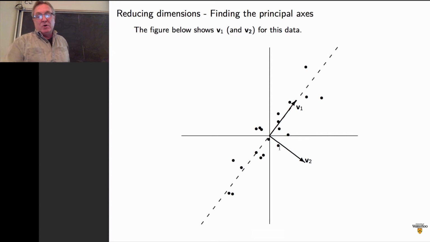V2, if you were to project them all here, the way they're spread out along that direction is as small as possible. Any other pair of directions will not have as large a spread. Those are the directions that solve the problem.